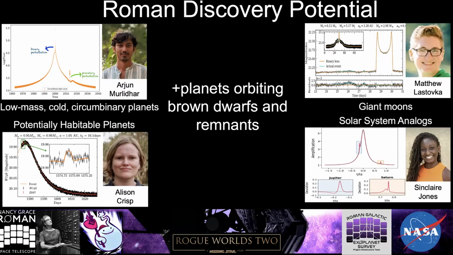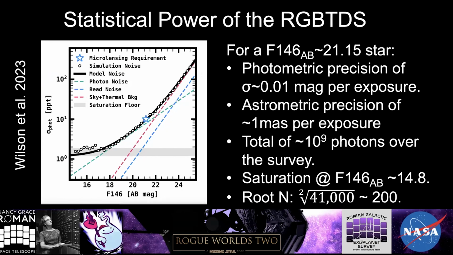Circumbinary planets, we should detect those, wide circumbinary planets. Moons, the yield is not high, but maybe if we get lucky. Solar system analogs, planets orbiting brown dwarf and remnants has not even been looked at very carefully. So there's a lot that we can do, but here we're focused on free-floating planets. So we'll focus on those.